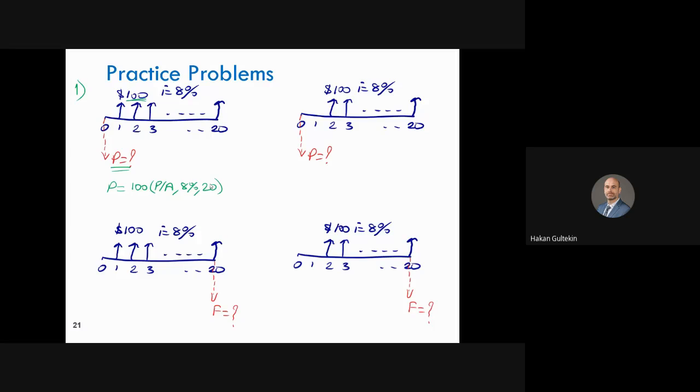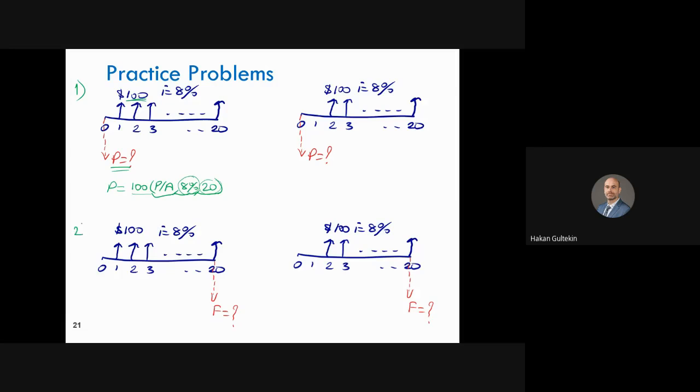But I think some of you don't know how to look at this value in the tables. If you don't know it, please review this material, these lectures, and learn it, because it's very easy. You just go to the table with 8% interest rate, find n equal to 20, and then multiply it by 100 to find it. Okay, that's it.